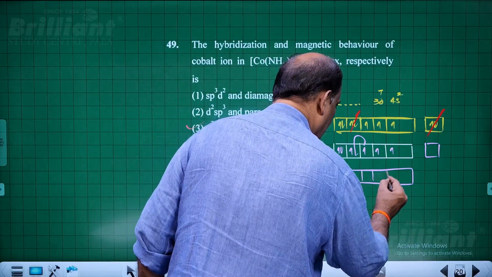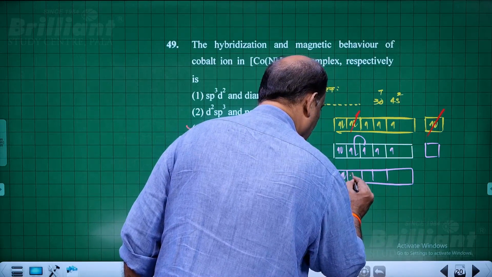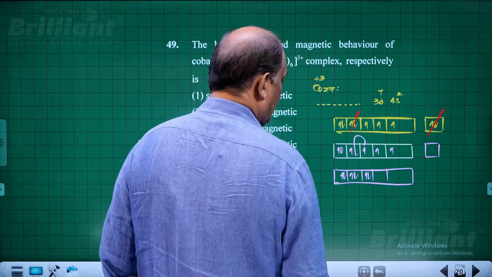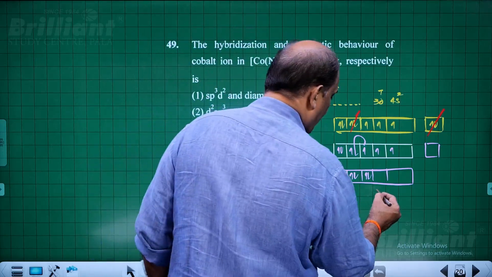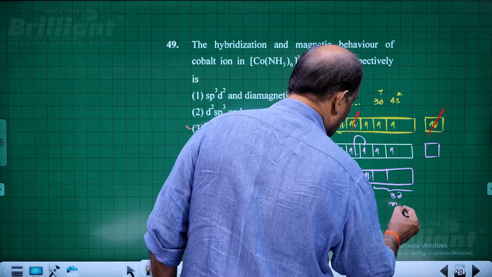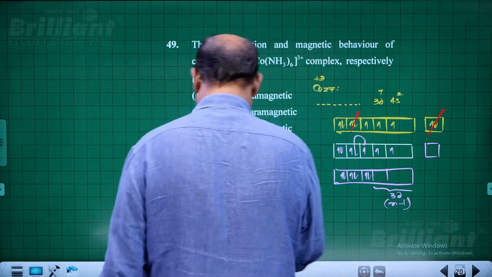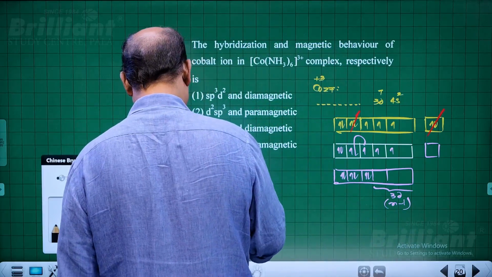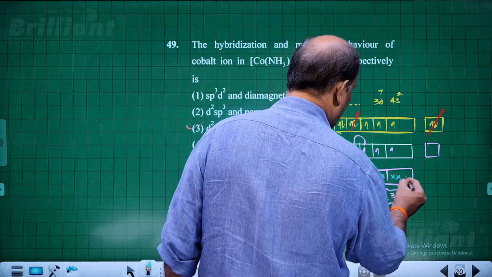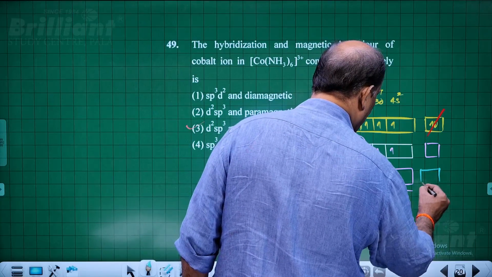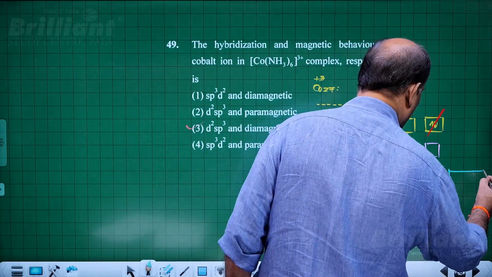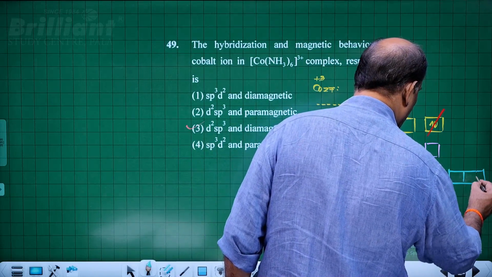So here, totally there are 6 electrons, 3 pairs. Now it has got 2 vacant orbitals in the 3d level, that is the n-1 level, inner orbital. Then 2 electrons come in, again 2 electrons, d2sp3.